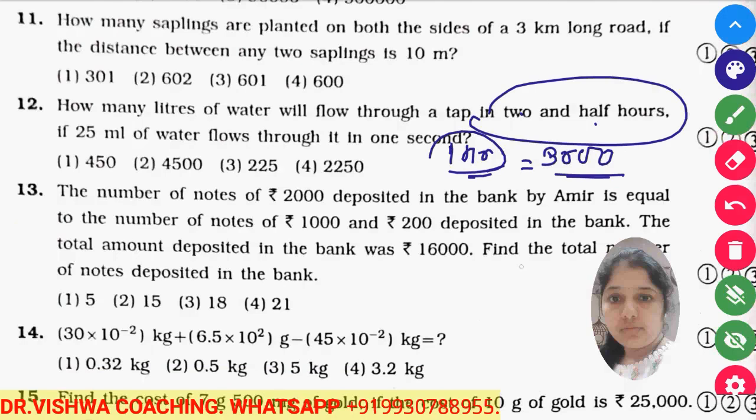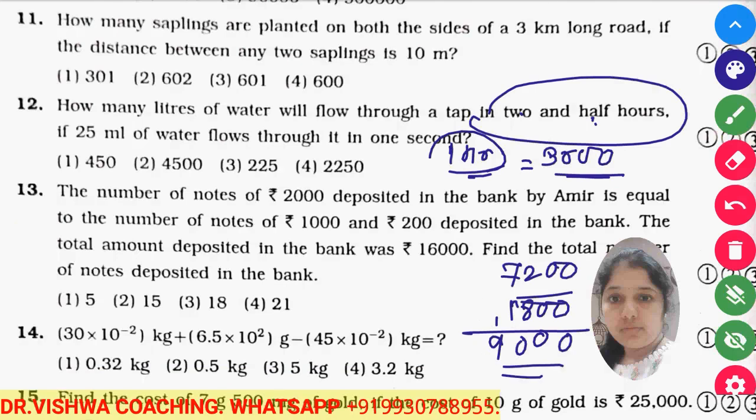So 2 hours is equal to 7200 seconds, because 36 twos are 72, and half hour is equal to 1800 seconds. So together it becomes 9000 seconds.